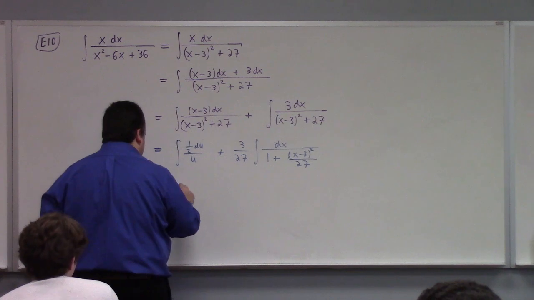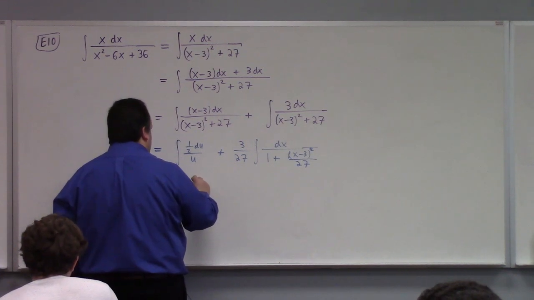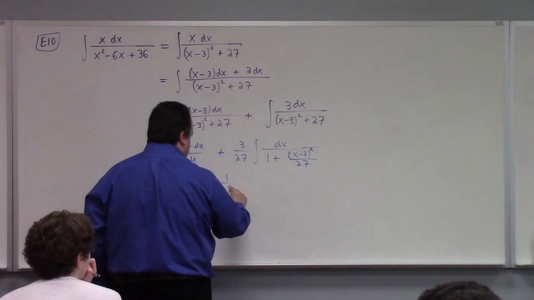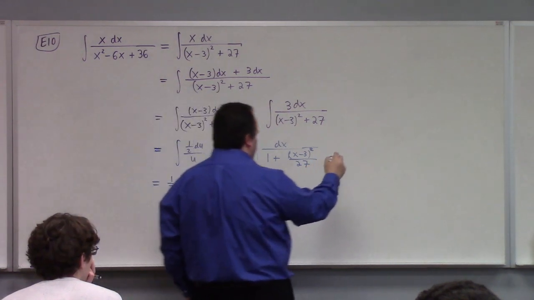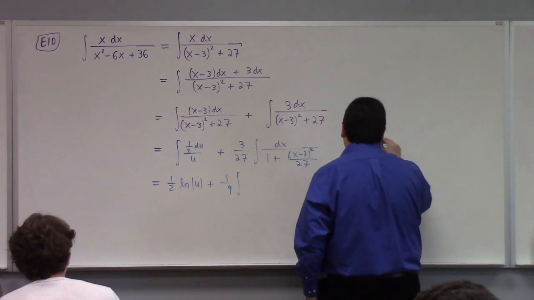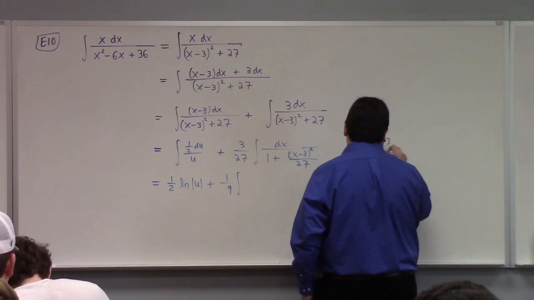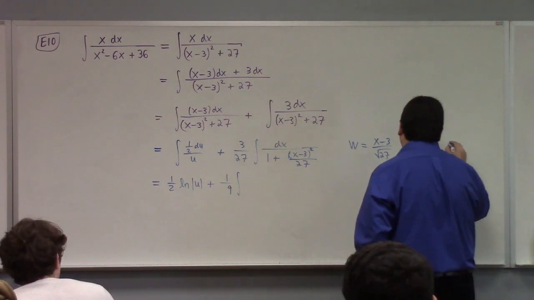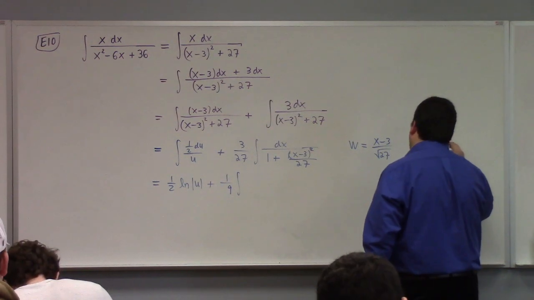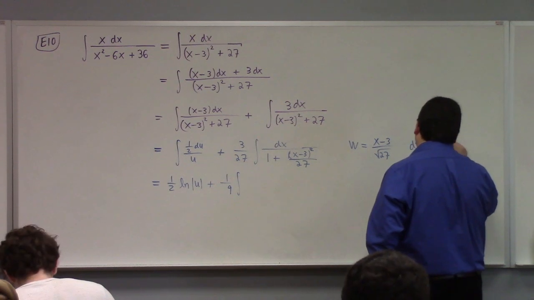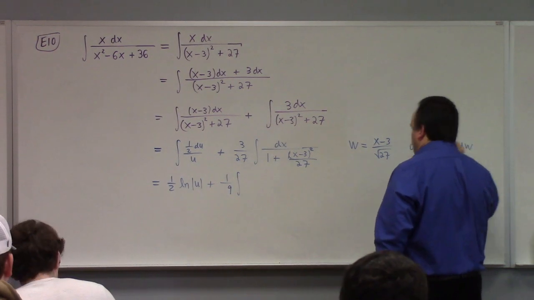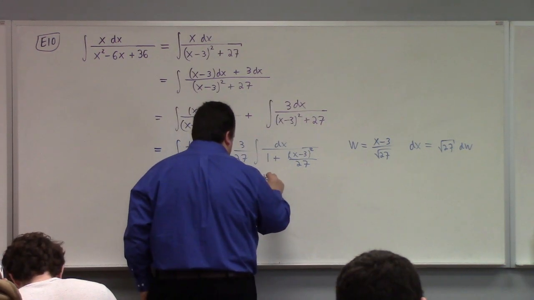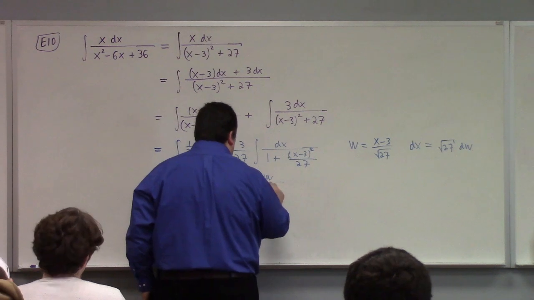So I've got 1/2 natural log the absolute value of u plus 1/9 the integral of, let's let w equal x minus 3 over the square root of 27. So then dx equals square root of 27 dw, which gives me square root of 27 dw over 1 plus w squared.